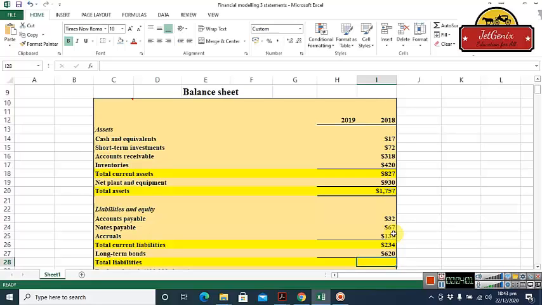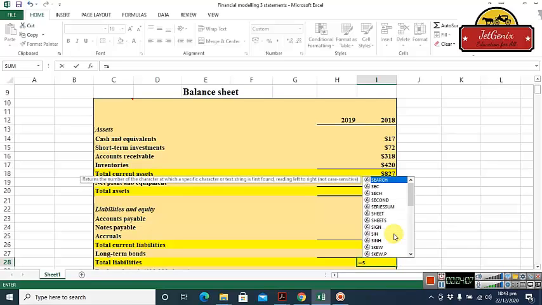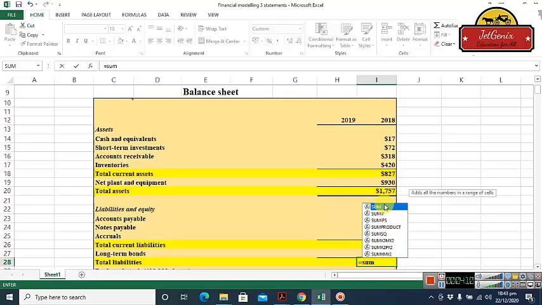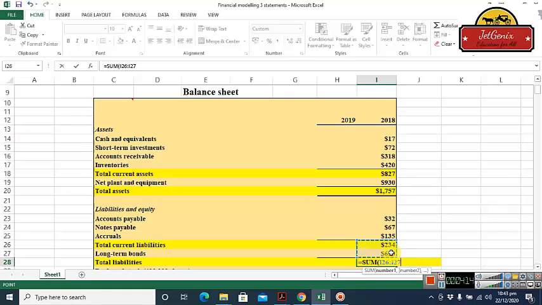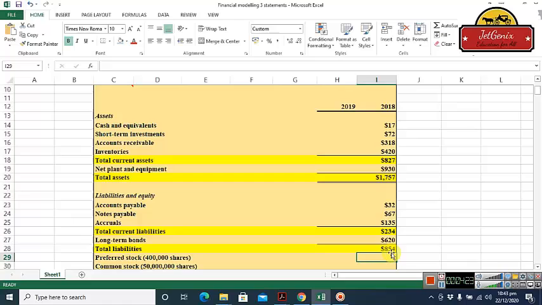So just type equal, and after this you again type sum and double click this sum, and you select only these two things, because the total liabilities are equivalent to current liabilities and long-term liabilities. That's why only these two, and press enter. So the total liabilities is equivalent to 854 million.